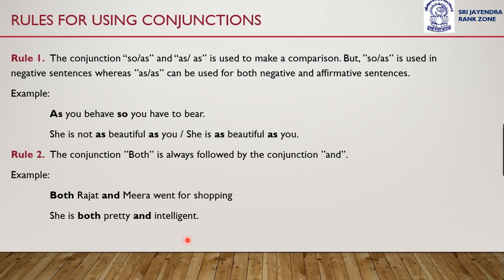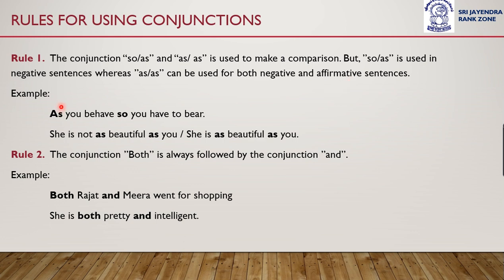There are certain rules for using conjunctions correctly. So we will discuss them one by one. Rule number one: the conjunction "so" and "as", and "as" and "as", is used to make a comparison, but "so" and "as" is used in negative sentences, whereas "as" and "as" can be used for both negative and affirmative sentences.